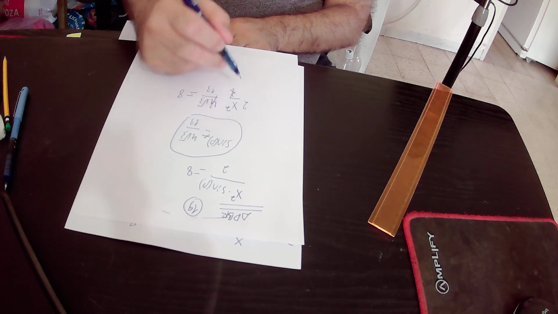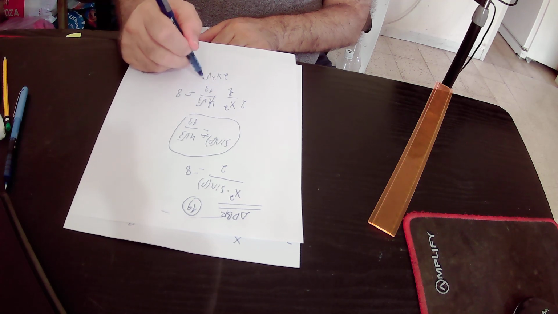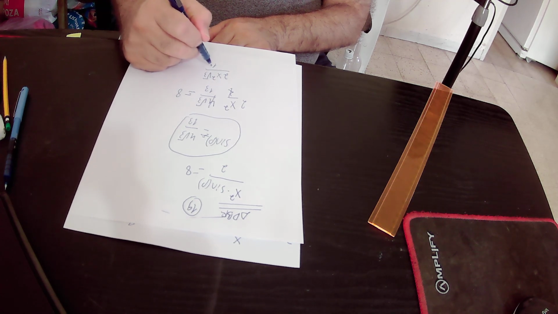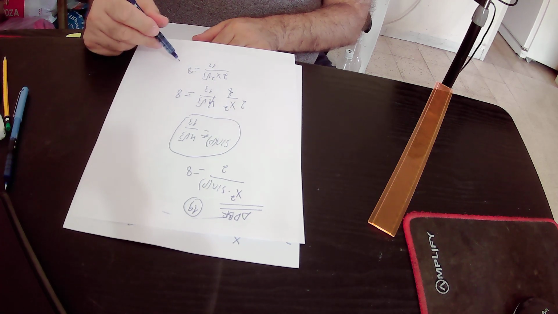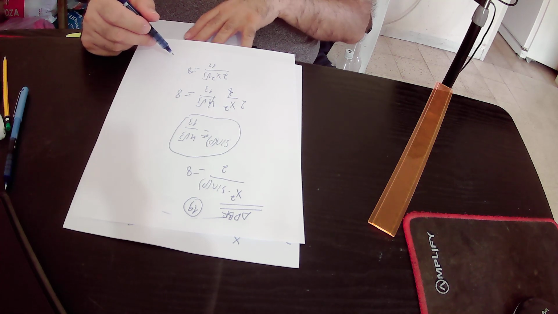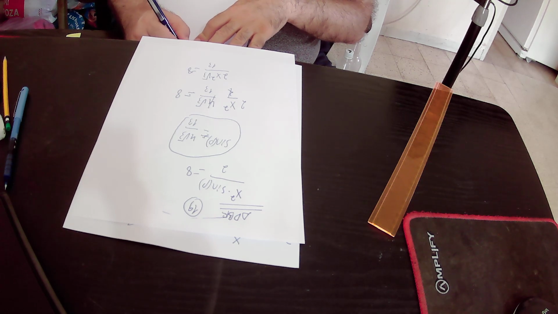So we got that 2x squared times root 3 over 13 equals 8. Here we'll divide this equality by 2, and we will get that x squared times root 3 over 13 equals 4.